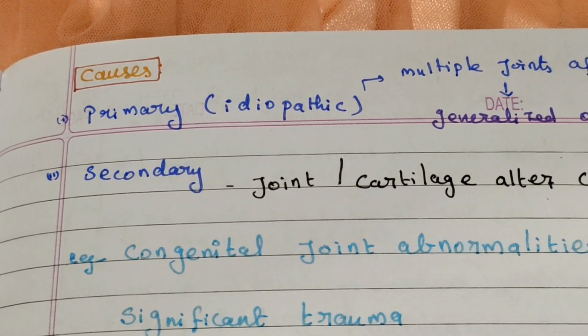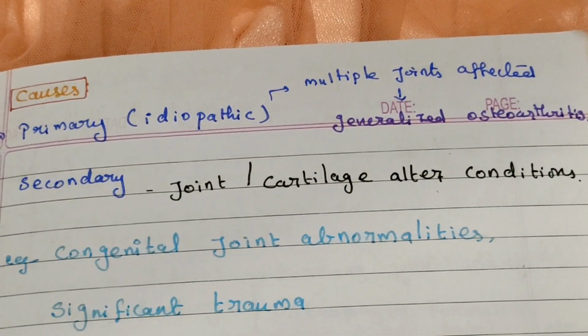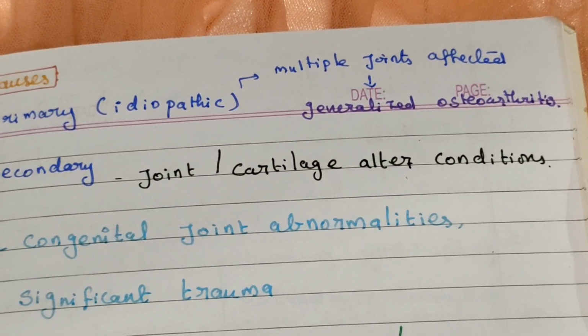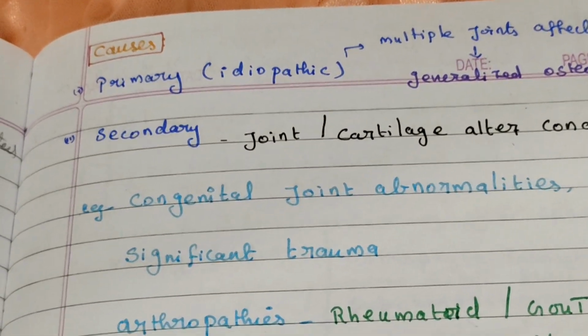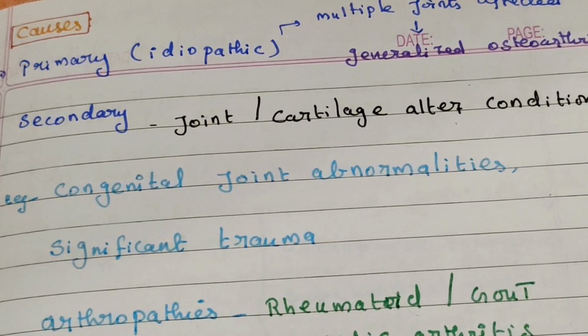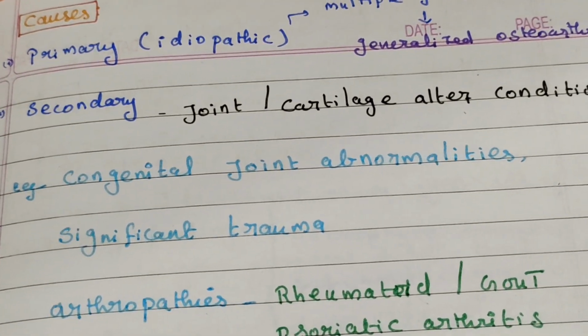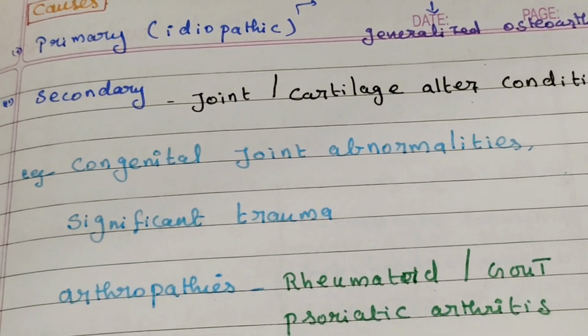The primary cause of osteoarthritis is unknown, but when multiple joints are affected, this one is generalized osteoarthritis. Secondary osteoarthritis can be the result of conditions that alter the joint structure or cartilage microenvironment.